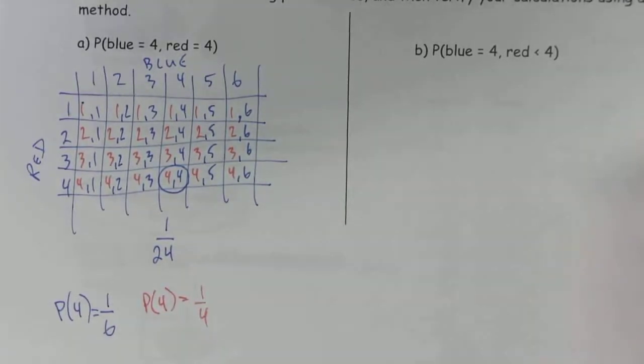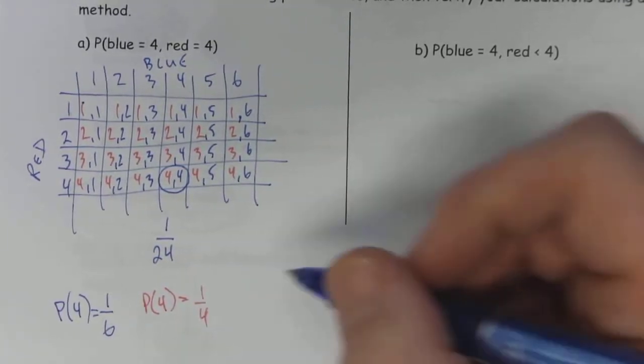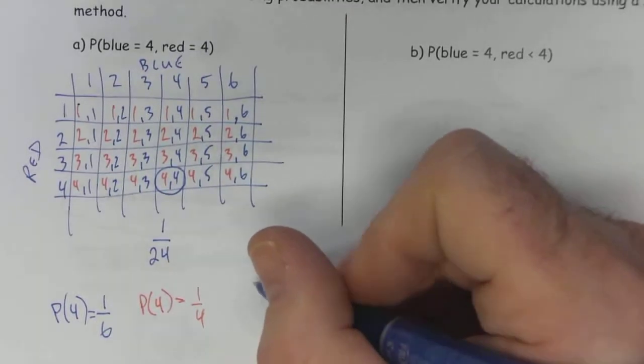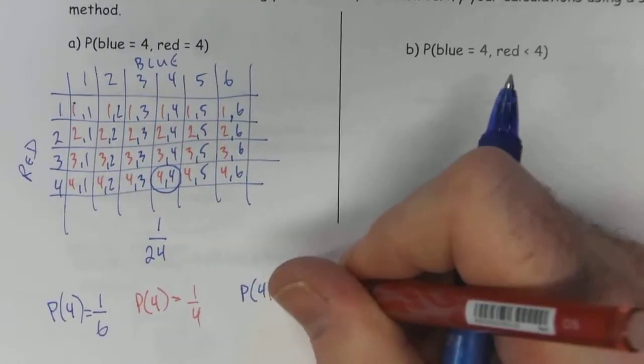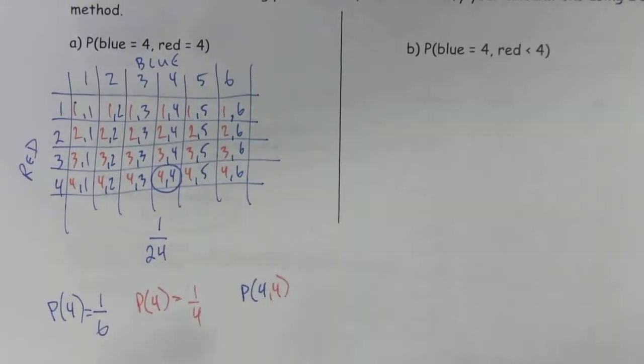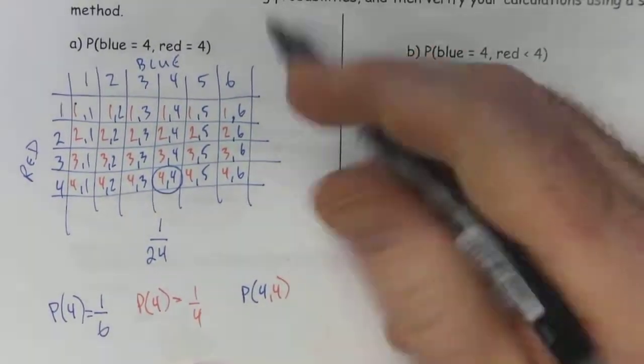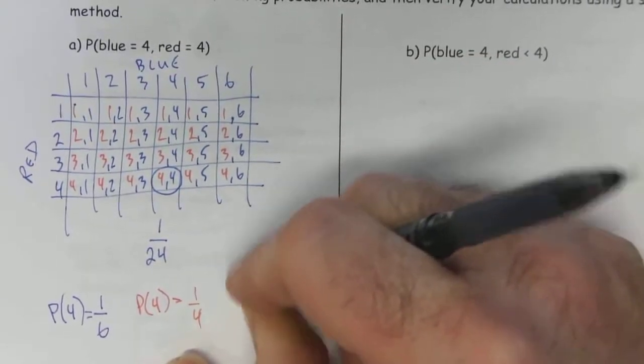If you multiply those two together, so the probability of a blue 4 and a red 4, actually, let's change the color on this.